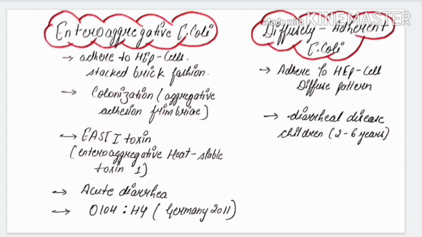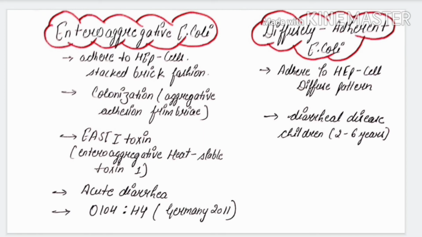And next we have the enteroaggregative E. coli. It is named because it adheres to the HEp-2 cells in a distinct pattern. The pattern is named stacked brick fashion. Colonization is through the aggregative adhesion fimbriae. It will colonize the intestinal mucosal cell with the help of aggregative adhesion fimbriae.